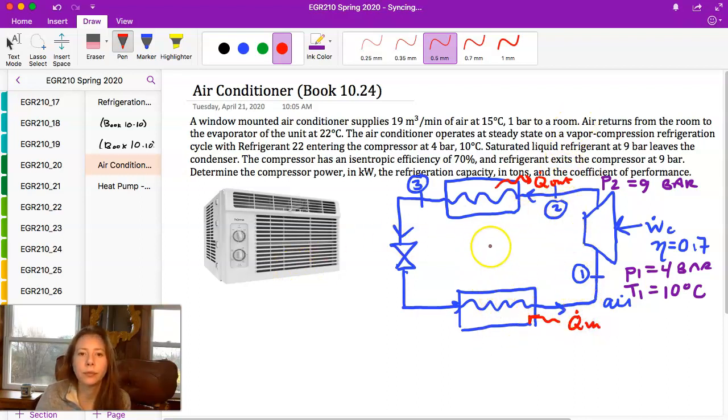We have refrigerant 22 enters the compressor at 4 bar and 10 degrees Celsius.